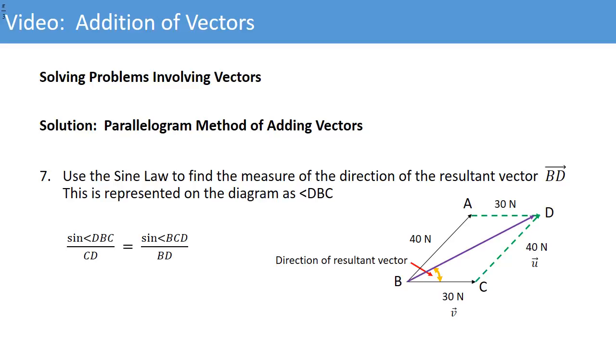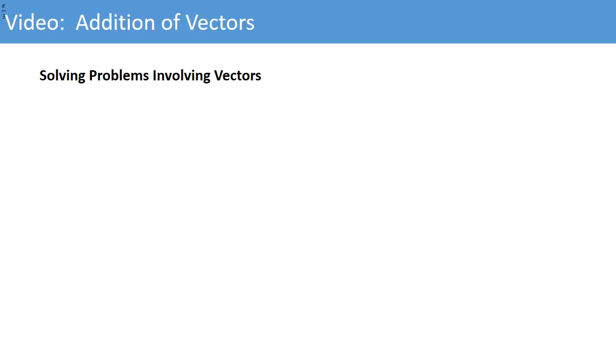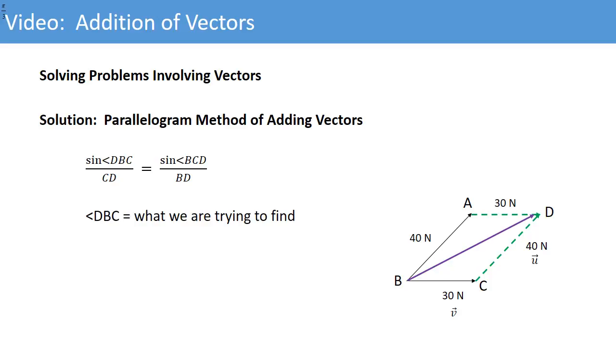So sine angle DBC over CD is equal to sine angle BCD over BD. We're going to substitute in the values.